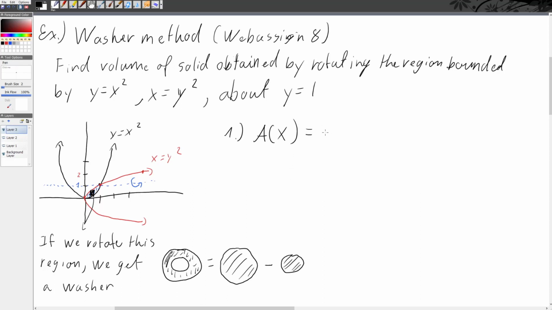And the area is going to be given by the area of the outer curve. So pi r squared of the outer curve, the curve furthest away from the axis of rotation. Instead of saying top and bottom, I say outer and inner.